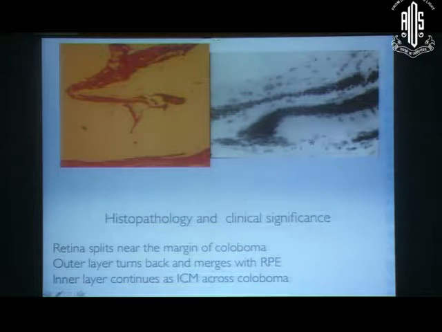So this is where there's something like a reduplication of the photoreceptors sometimes can be seen on a histopathology. And it is this junction which we call a locus minoris resistentiae, which is an important point where communication between subretinal space and subintracalary membrane space can be established, leading to clinical detachment of retina beyond the colobomatous margin.